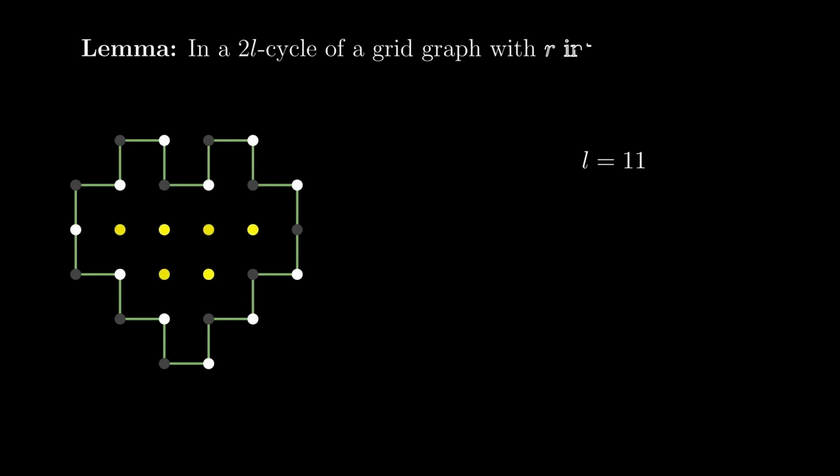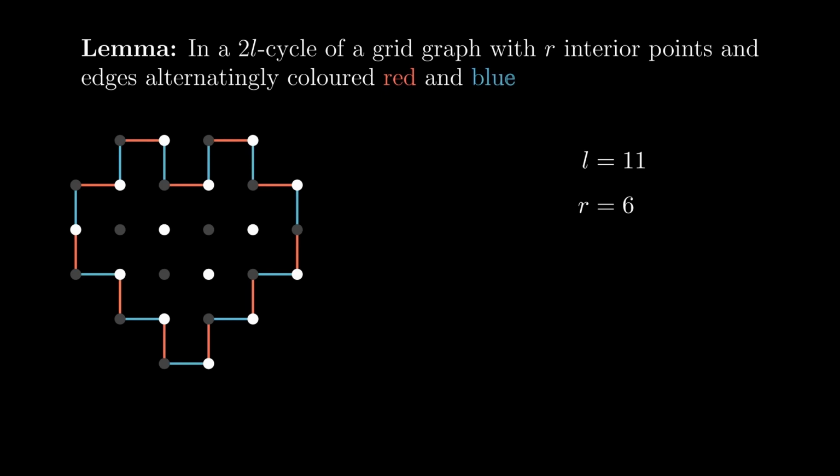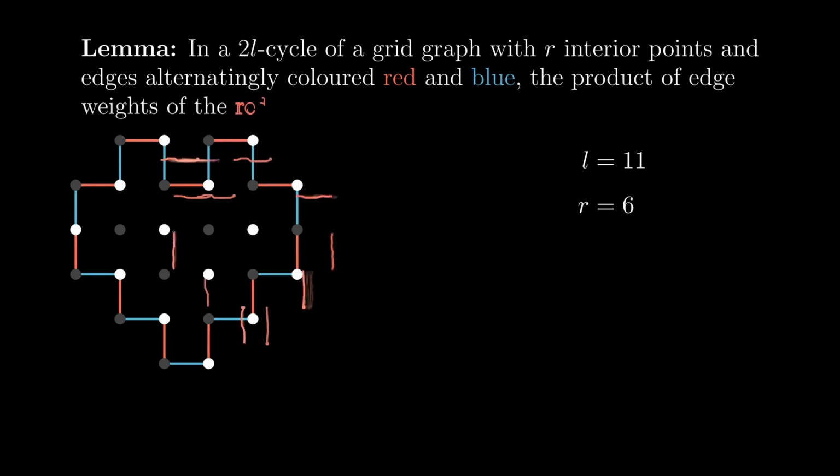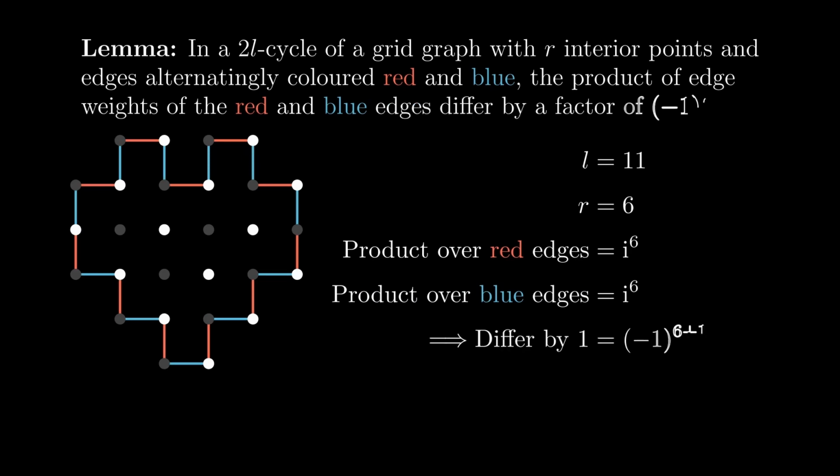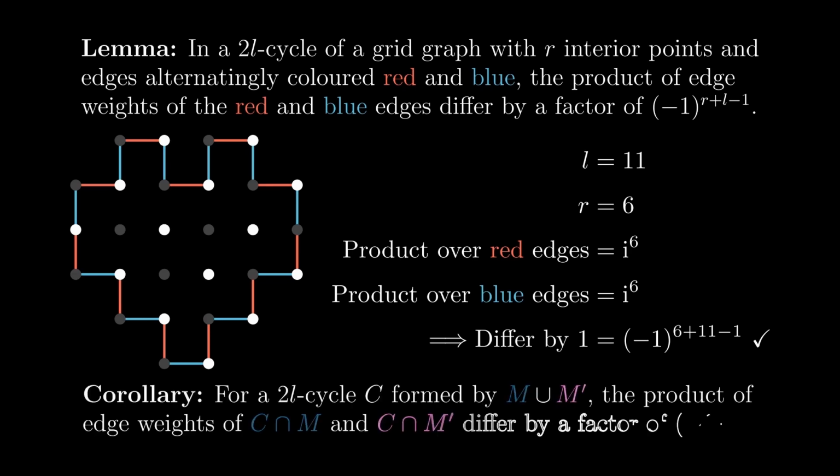Indeed, we will show more generally that in a 2L-cycle of such a grid graph with R interior points and edges alternatingly colored red and blue, the product of edge weights of the blue and red edges differ by a factor of (-1)^(R+L-1). Notice that in our case, R will always be even, since the boundary as well as the entire grid graph both also have an even number of vertices.